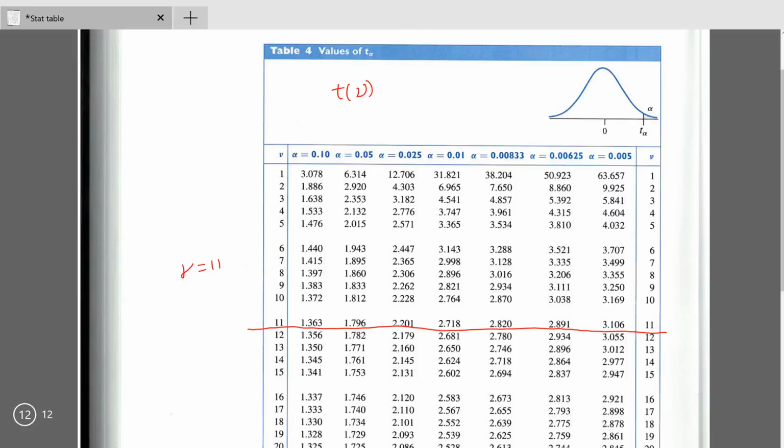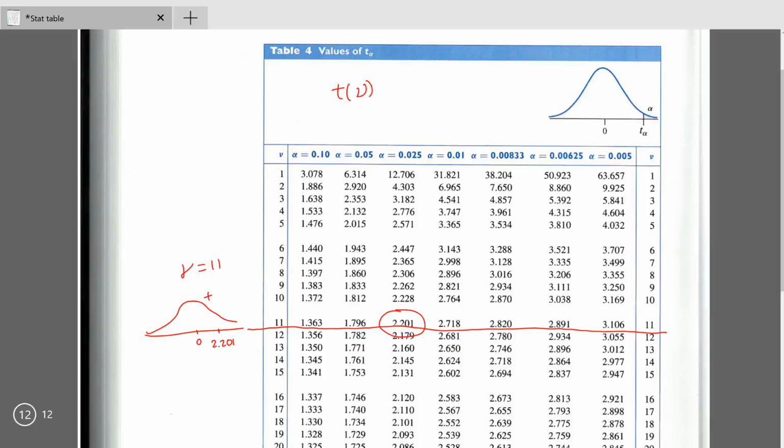What do those numbers mean? Let's look at this number. This number is actually the t alpha value for alpha equals 0.025. What does that mean? We can draw a picture. This is the t alpha value, and we know zero is here. 2.201 is right here.